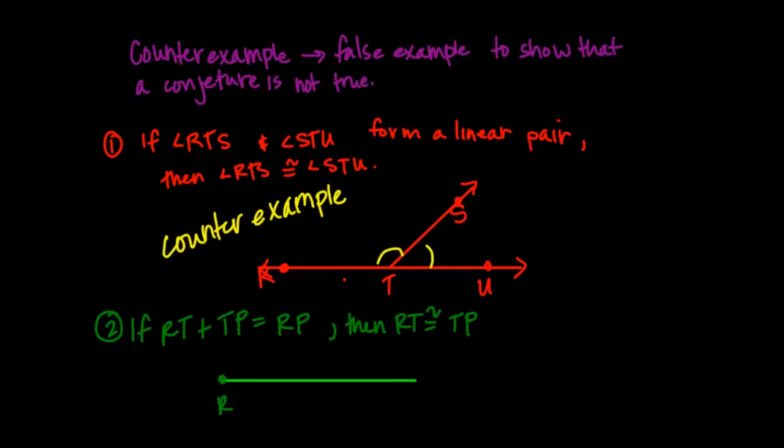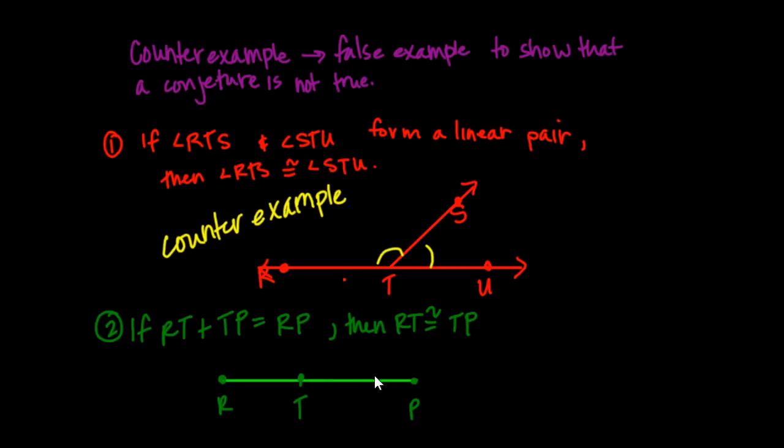So I have RT, and then I'm going to go ahead with T to P, right? And it says if RT plus TP equals RP, which means I have these sections, right? RT plus TP equals the whole thing. All right, so there's our little segment addition property.